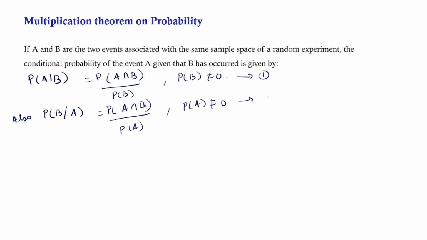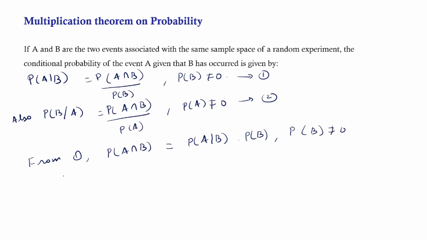Now if we take these as 1 and 2, from 1 we can write probability of A intersection B as probability of A given B into probability of B, again provided probability of B is not equal to 0, and from 2 we can write probability of A intersection B as probability of B given A into probability of A, provided probability of A is not equal to 0.